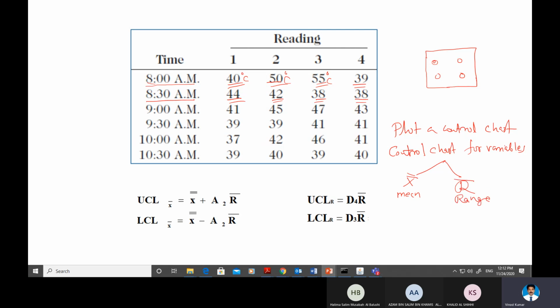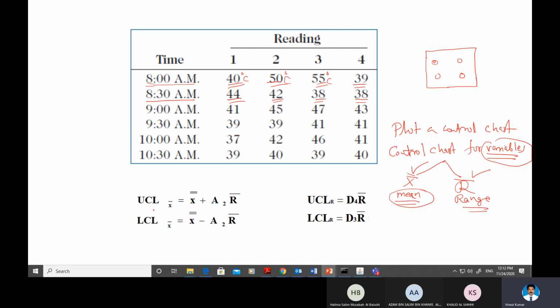Why we go for control charts for variables is because we measure real values like 40 degrees, 44, or length, width, height. Here we measure the temperature and then plot. That's why we go for control charts for variables, which consist of the X double bar and R bar charts.